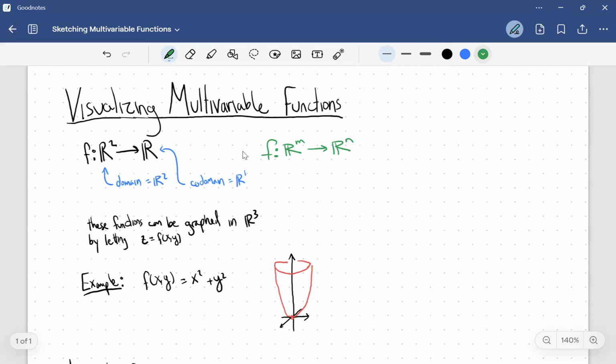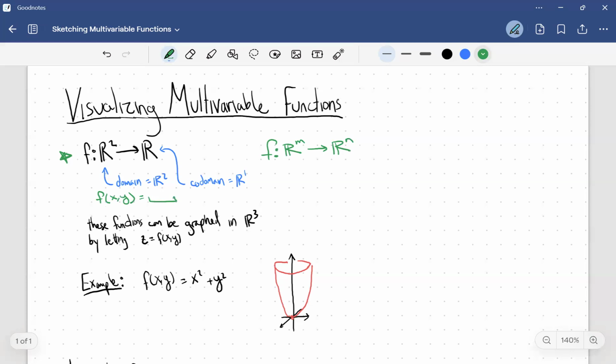In this video, we'll be focusing on functions from R2 into R. So the domain is two-dimensional space. There are points in the xy plane, and we can often think of it as an f of xy. And then the output is going to be a single expression in terms of x and y.